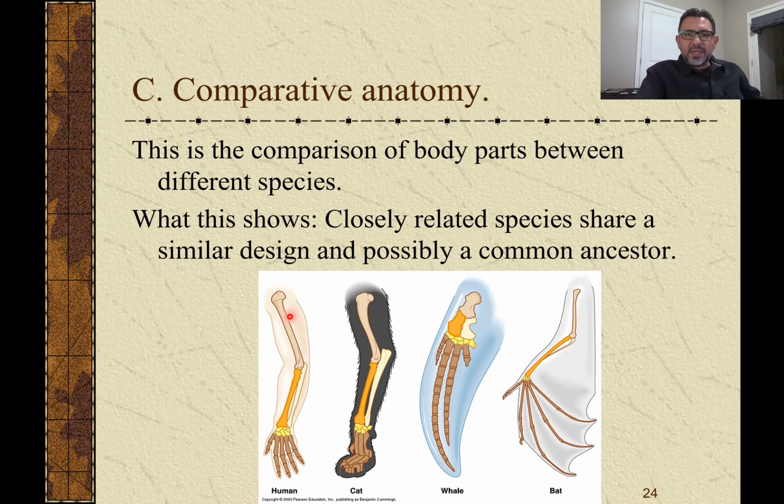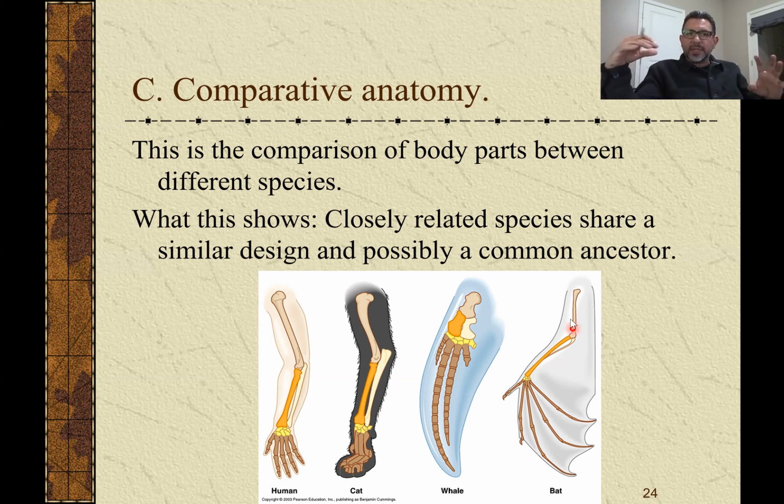All of these limbs show a humerus, a radius, an ulna, carpals, metacarpals, and phalanges. You can find that in the cat: humerus, radius, ulna, carpals, metacarpals, phalanges. You can find that in a whale flipper. Here we have the humerus, radius, ulna, carpals, metacarpals, phalanges, and the bat has them as well.